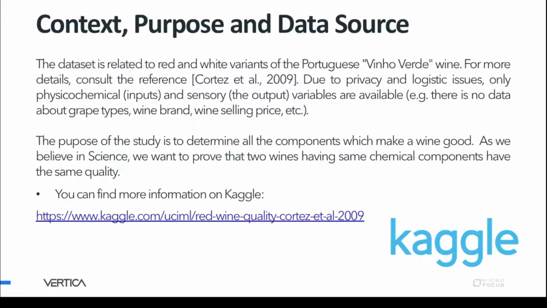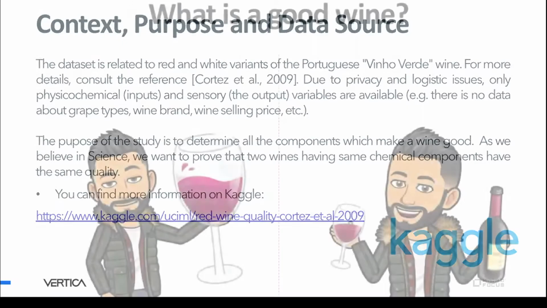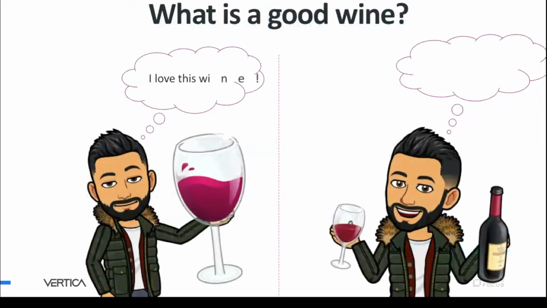It was made by a PhD student who wanted to do a regression model around wine, and he extracted the chemicals of around 5,000 wines. If you want to see this data set, you can go directly on Kaggle. But in the future, I think I will have my own data, because now I'm extracting the wine chemicals with my machine.